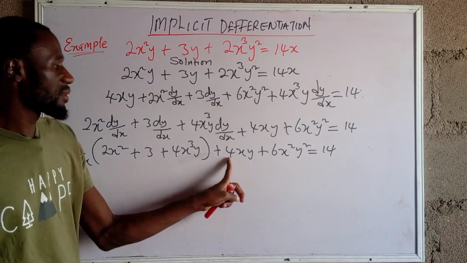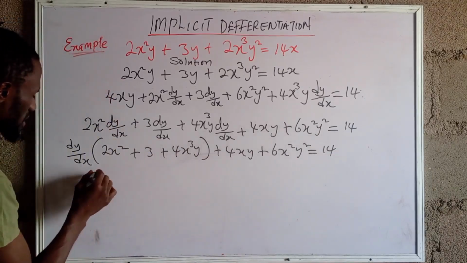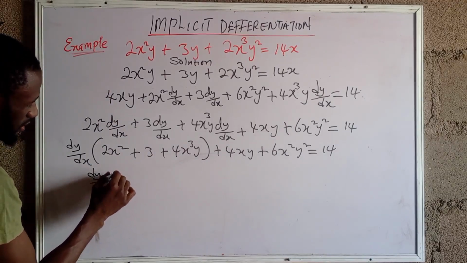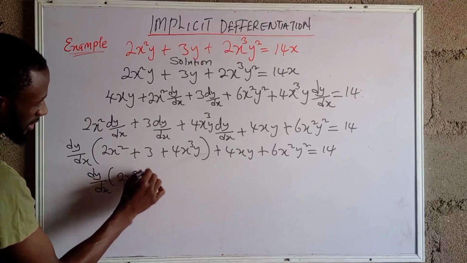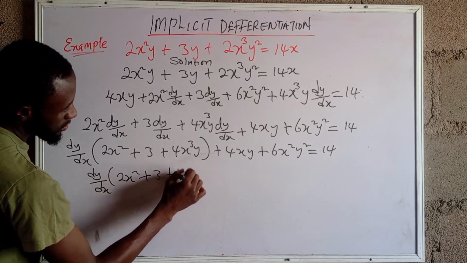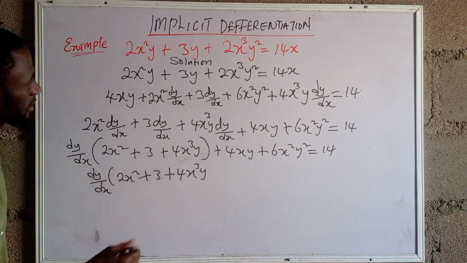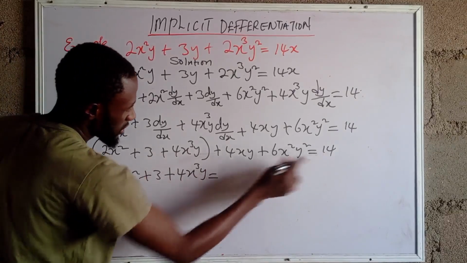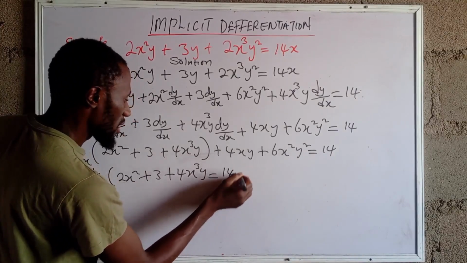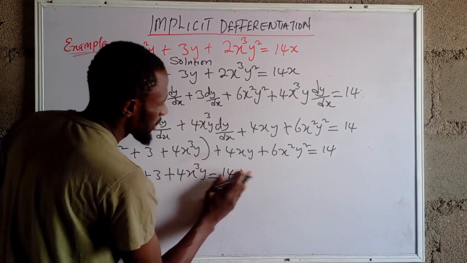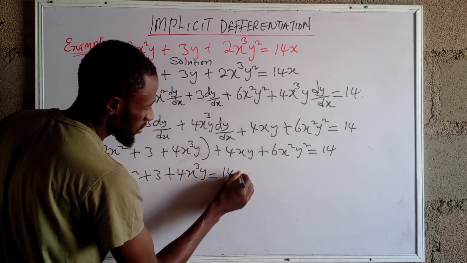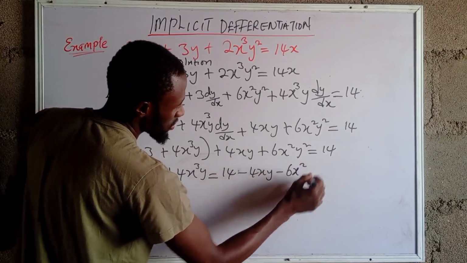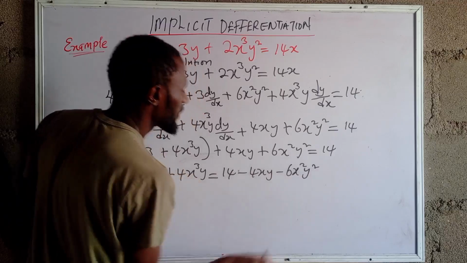By taking them to the right-hand side, they will come with minus: 14 minus 4xy minus 6x squared y squared.